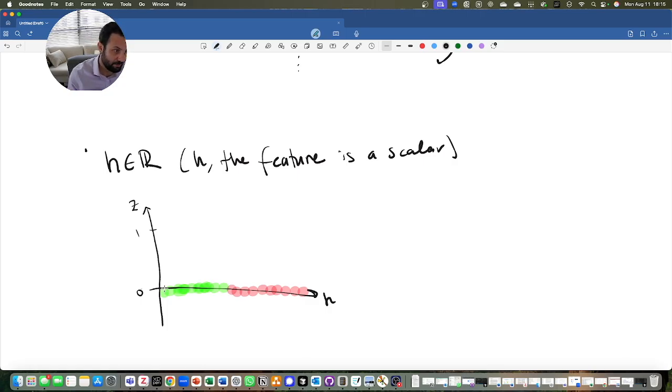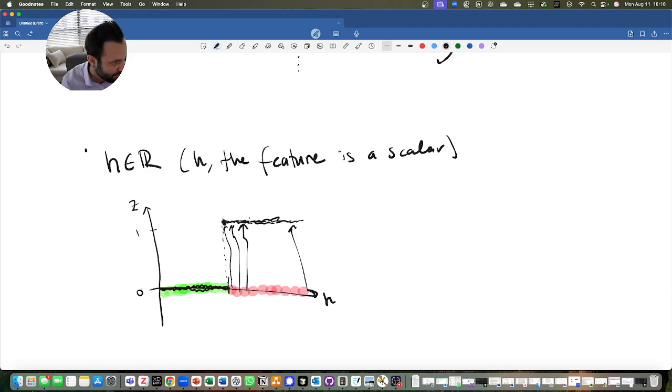Notice how for these H values, I'm trying to push the Z values to fit perfectly on the zero level. And very suddenly, the moment that I start classifying the other samples, I want them to be exactly one, right? So this guy is going to be one, this guy is going to be one too, this guy is one also.